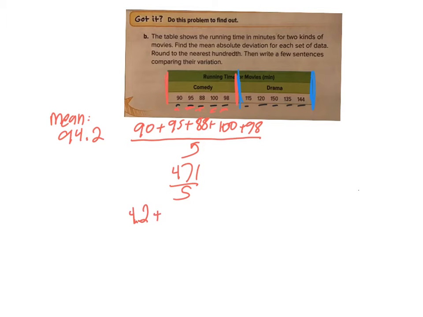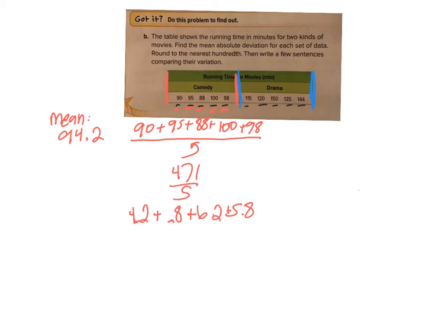Then I add that to 95 take away 94.2, that gets me 0.8. Then I have 88, so 94.2 minus 88 equals 6.2. 100 minus 94.2 equals 5.8.